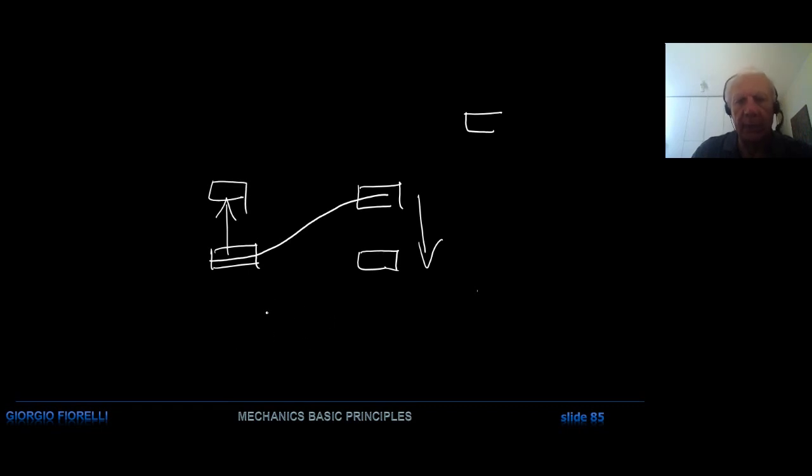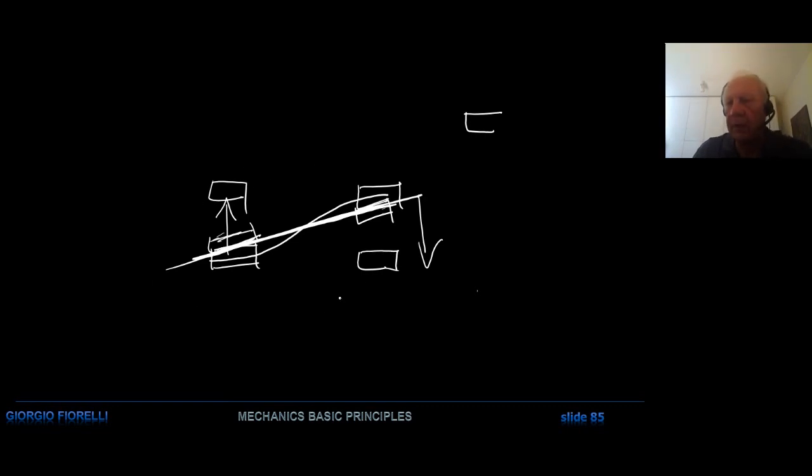But most probably what will happen is that there will be some rotation of this bracket, some rotation of this bracket, and the alignment will be something like this. So it's very hard to predict what will happen.